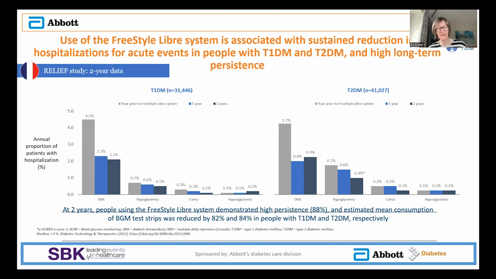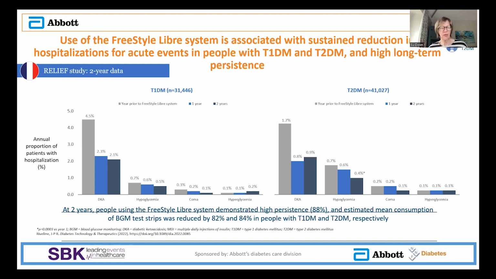And the one thing this study did is it followed this group of people, and it could track what had happened over 2 years' worth of using the data. So several things. Firstly, that reduction in hospitalization continued. It wasn't just an initial thing, it continued, and we had some slightly better data in some instances over the 2-year period in terms of reduction in these hospitalizations.